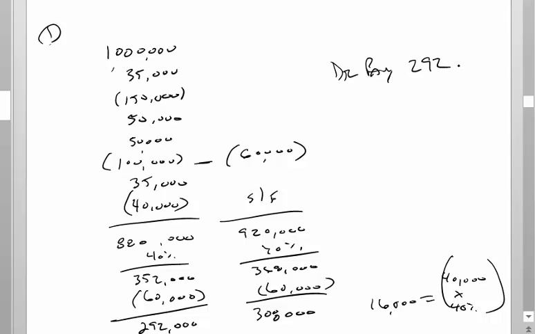Oops, I messed up. No, I just got my journal entry totally wrong. It's all good. I don't have a debit to my payable, I have a credit to my payable, right? Duh. Credit to payable, I owe $292.